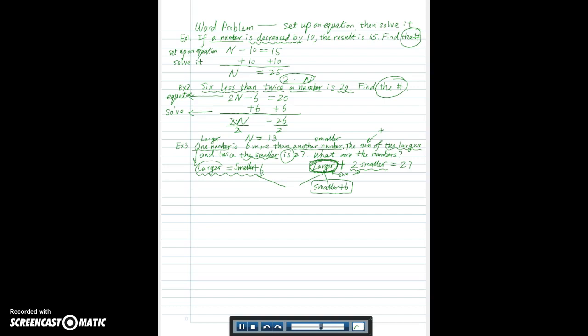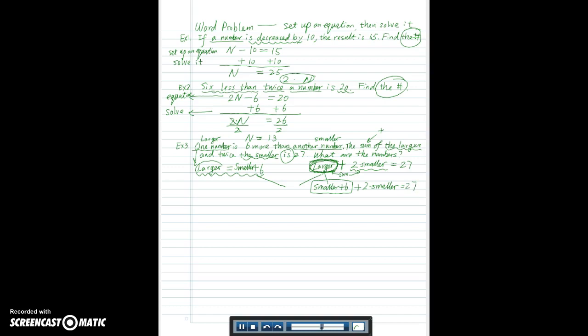So I'm going to take larger away, and I put smaller plus 6 in that place to replace it. And I copy everything else: plus 2 smaller, I still have 2 times smaller, equals 27.